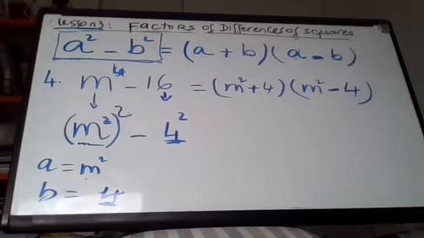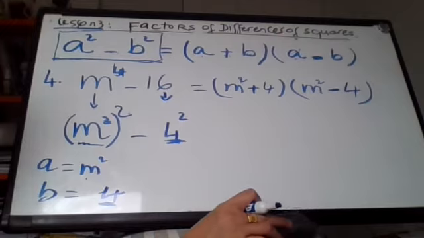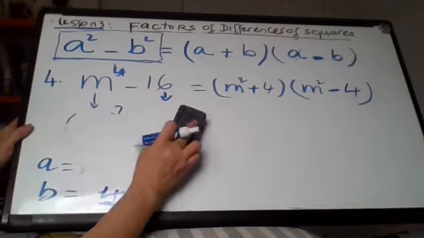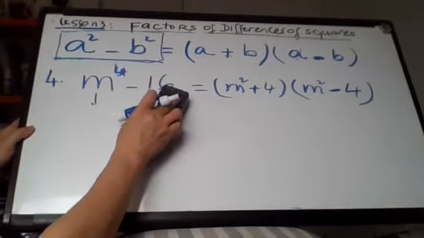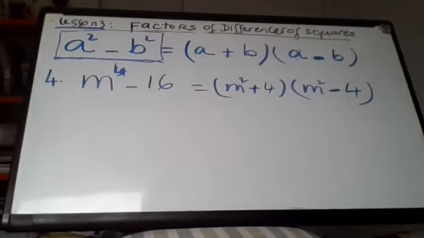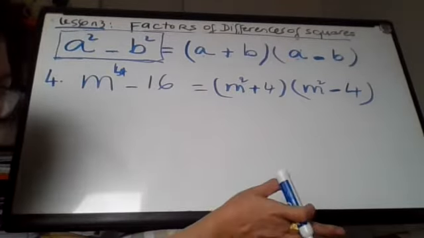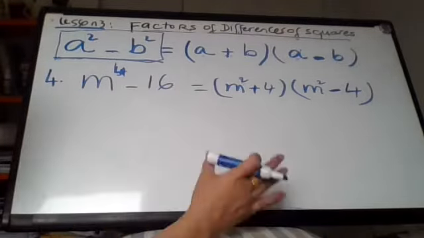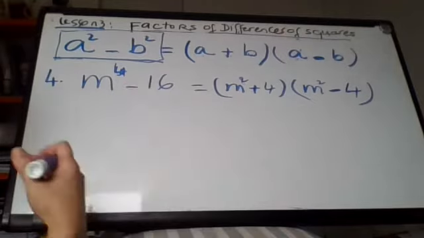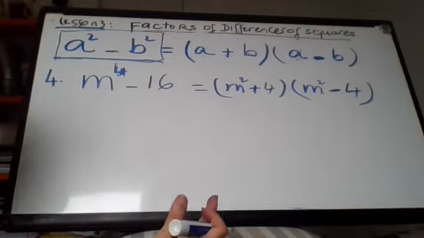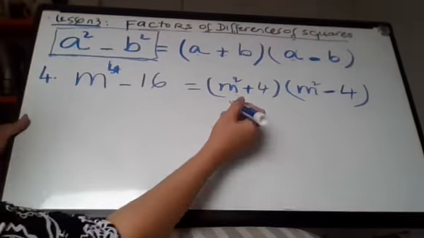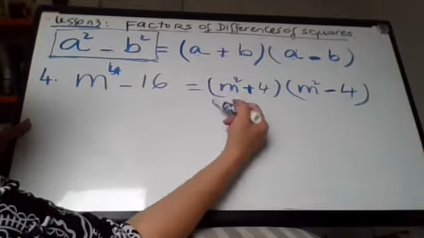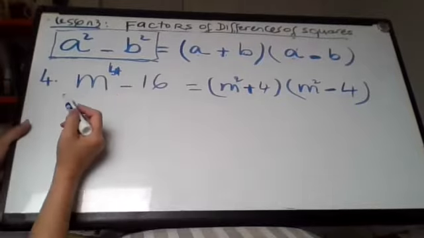So at this point, you will say, oh, am I done or not? What do you think? I'll give you one moment to think about it. Are you done with this factoring? Remember, when we reduce a fraction to lowest terms, we keep reducing until we have the lowest one, right? The same in factoring in math. We keep factoring down until we cannot factor further, right? So let's look at the first expression, m squared plus 4. This is nothing to do with it. It's just m squared plus 4.